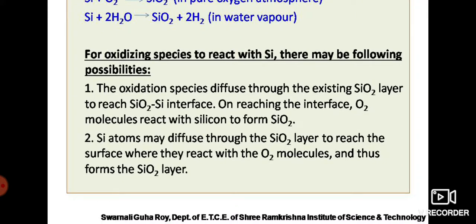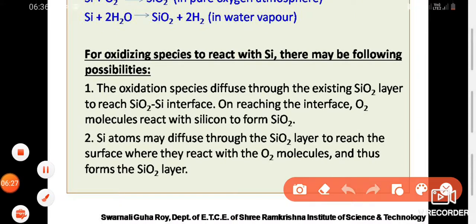Number one, the oxidizing species diffuse through the existing silicon dioxide layer. Diffuse means moves through. The species move through the existing silicon dioxide layer to reach the silicon dioxide-silicon interface. Interface means the boundary between the silicon dioxide and silicon.